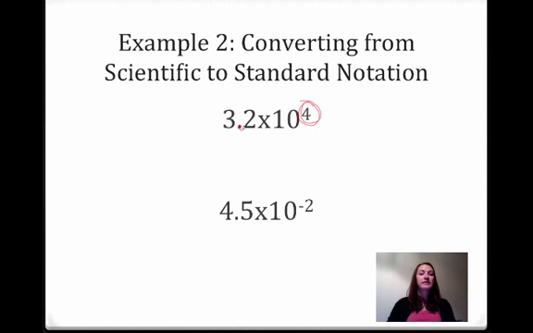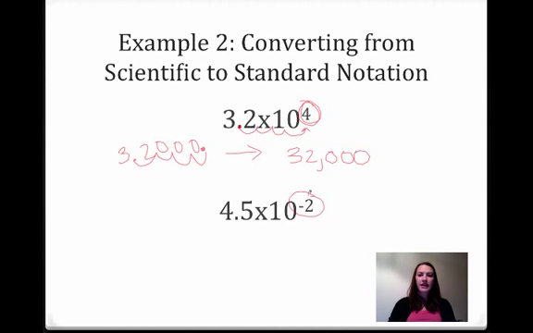I'm going to go 4 places. 1, 2, 3, 4. Okay, so I'll write it again, 3.2, and moving it over. 1, 2, 3, 4, and then that's my decimal point. In each of the loops, you're going to put a 0. Okay, so that turns into 32,000 as my answer.